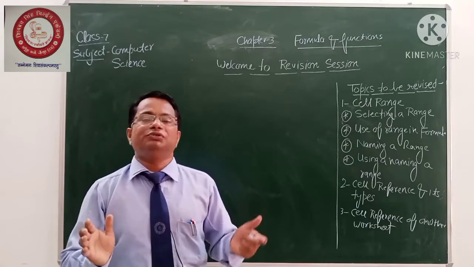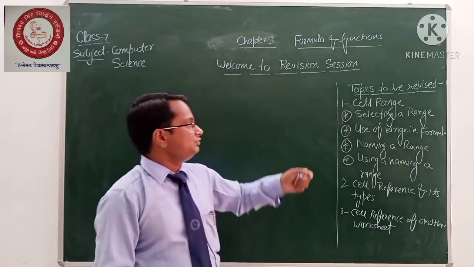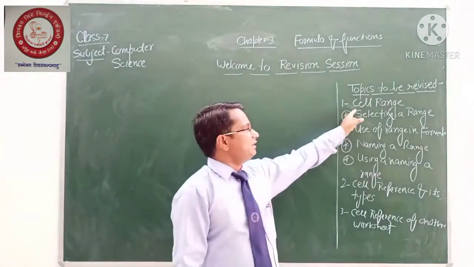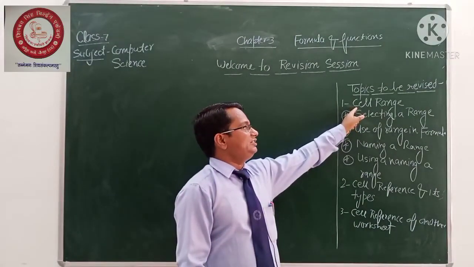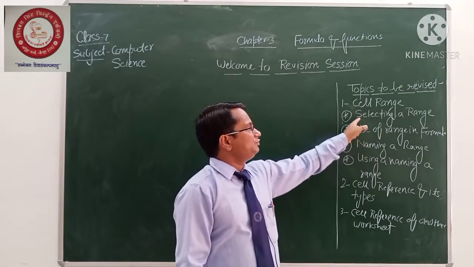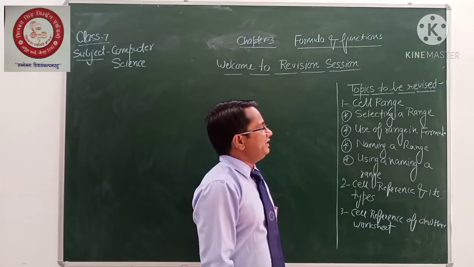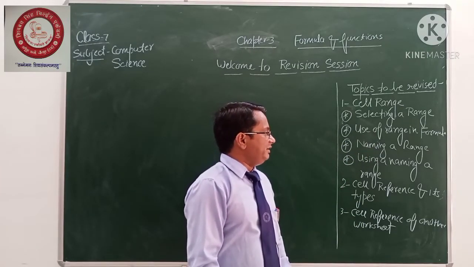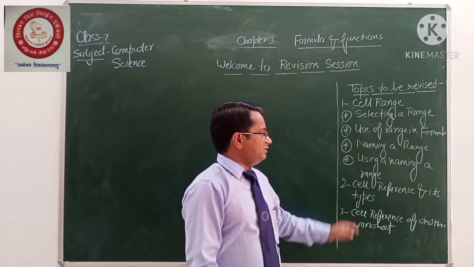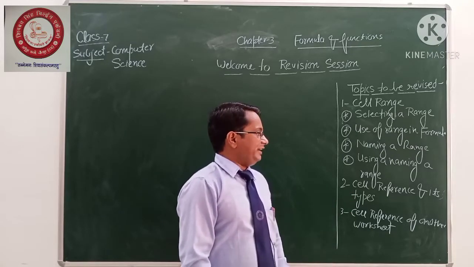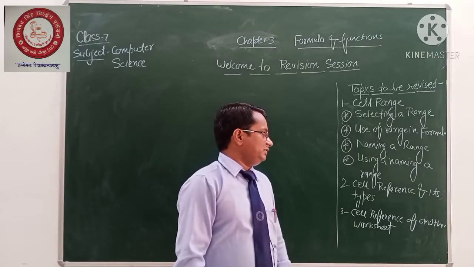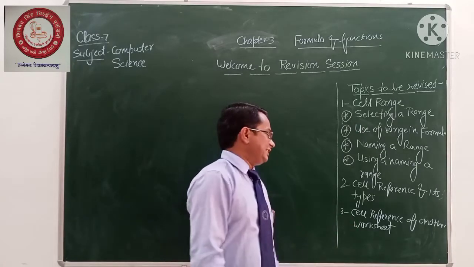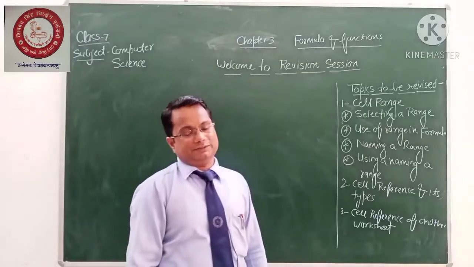Which topics are we going to revise here? Students, our first topic in this session is cell range. These are the subtopics: selecting a range, use of range in a formula, naming a range, and using a named range. The second one is cell references and their types, and last but not least, cell reference of another worksheet.